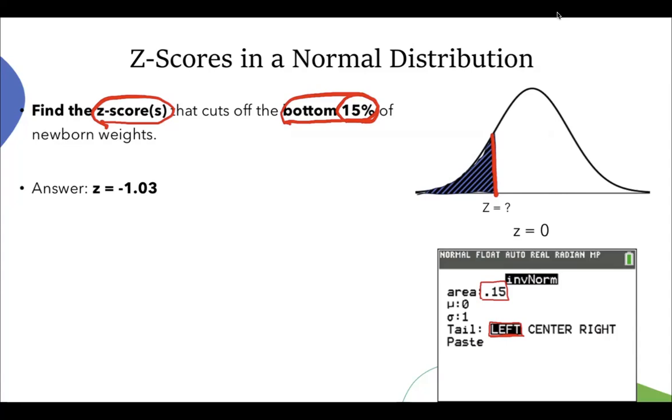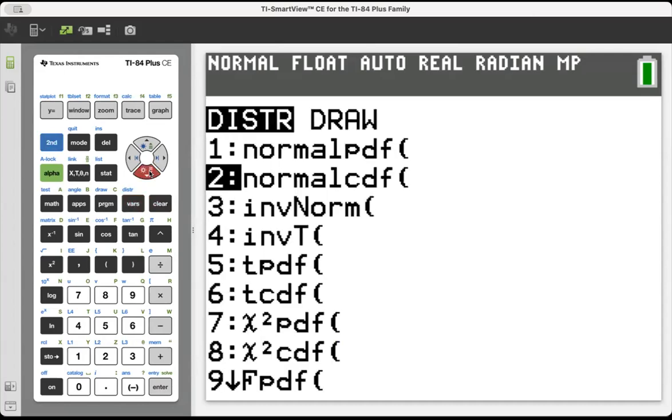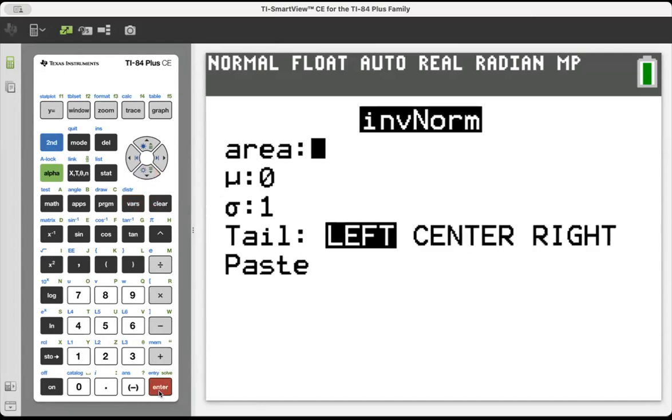Now, I didn't do it on the calculator actually with you, so let me do that and show you exactly what it looks like when we do this on the calculator. Okay, we are going to click second, distribution, number 3, inverse norm.